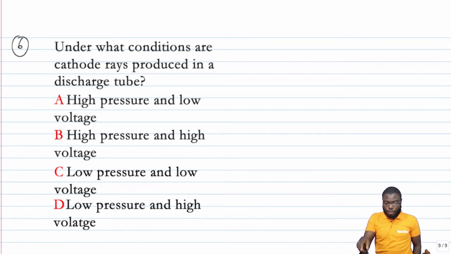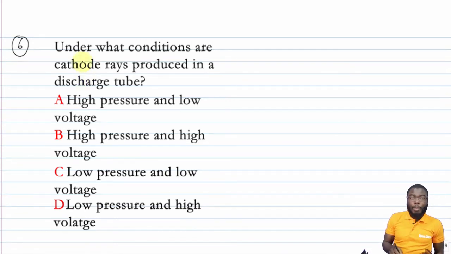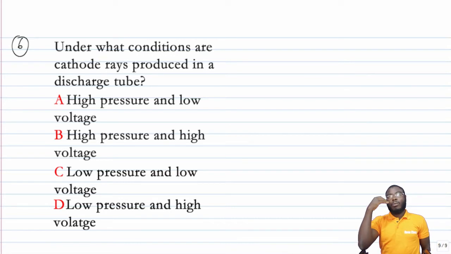So you have a discharge tube and cathode rays. When the tube is energized under high voltage, you have your negative terminal, which is your cathode, and your positive terminal, which is your anode. When this tube is energized, the energy knocks off electrons from the element, which travel in that medium.